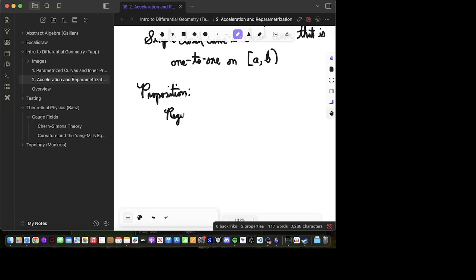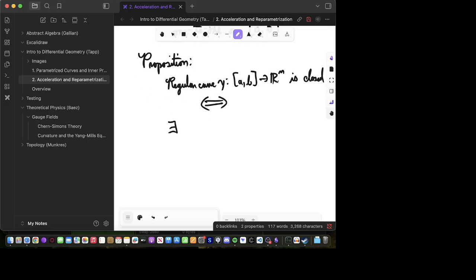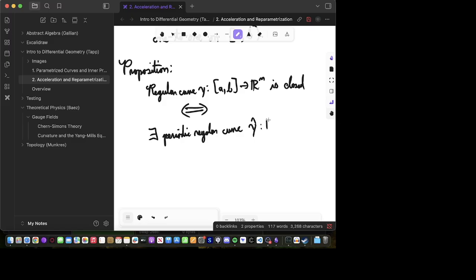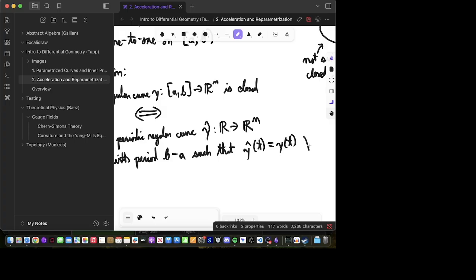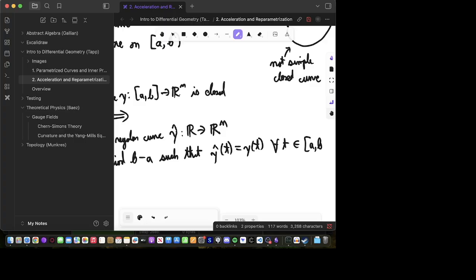A regular curve is closed if and only if there exists a periodic regular curve, we're going to put a gamma with a hat, from R to Rn with period B minus A, such that we have this for all t in [A, B].